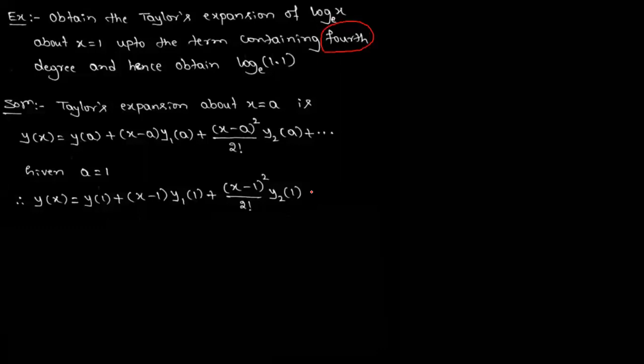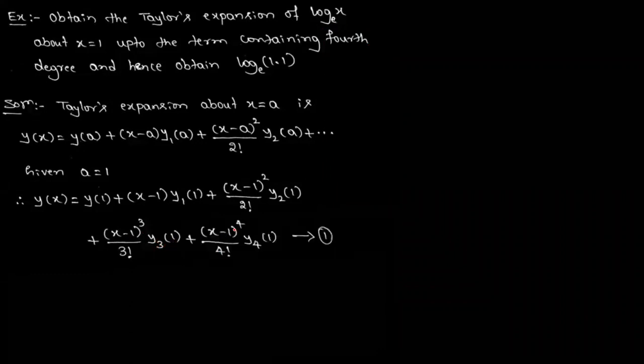The next term is (x minus 1) whole cube by 3 factorial y3 of 1, and one more term, the fourth degree term. So this is the fourth degree term. Can you see here? We have 4 here and the fourth derivative here.